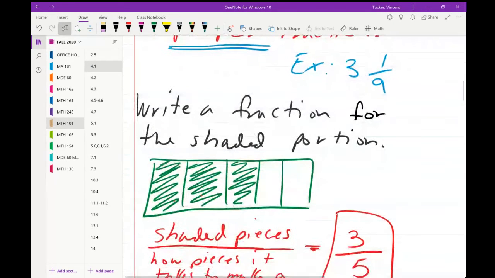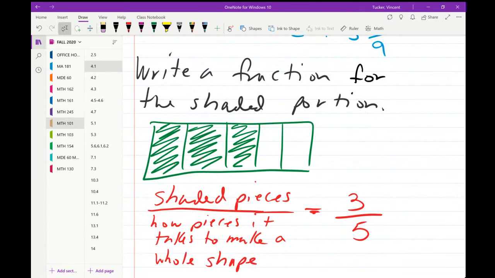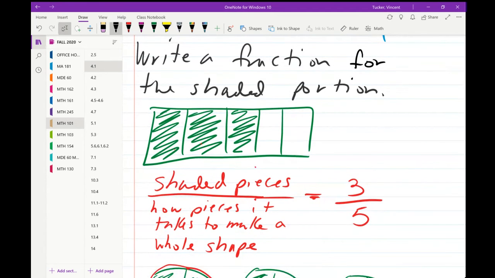So when we look at this exercise, the shaded will be the top part, and then the bottom number will be how many pieces it takes to make a whole, the whole shape. You're talking about this whole thing right here. So we see that there are 3 shaded pieces, but then there are 5 pieces that make the whole shape.